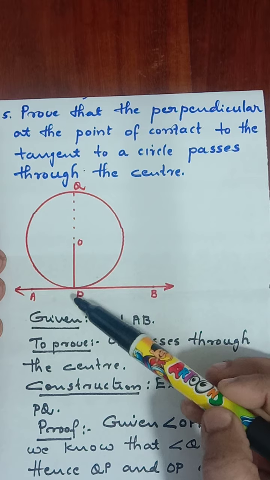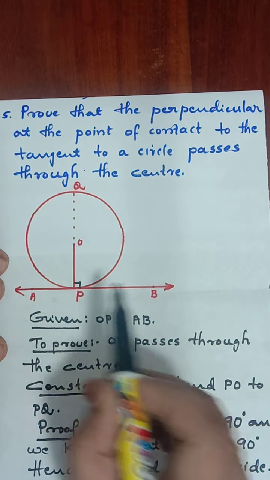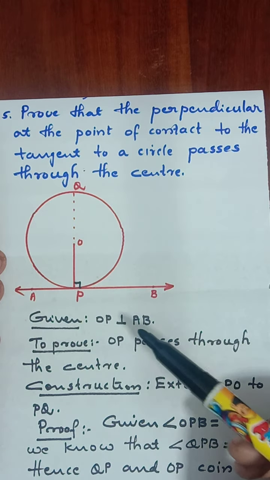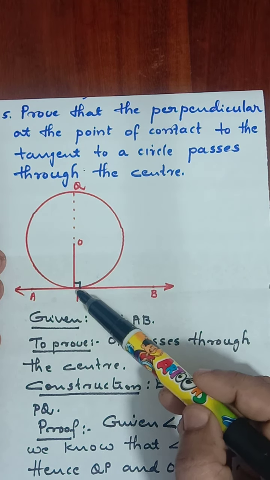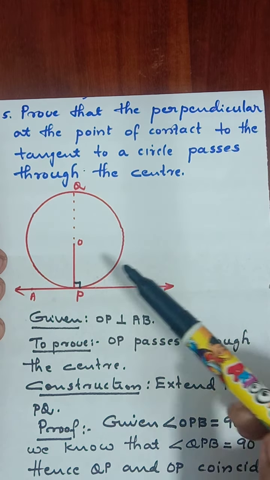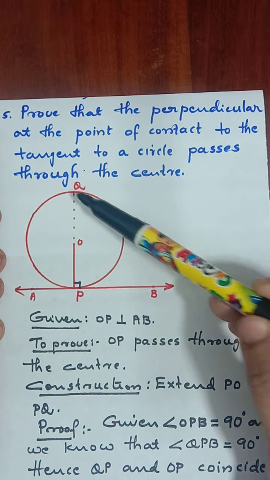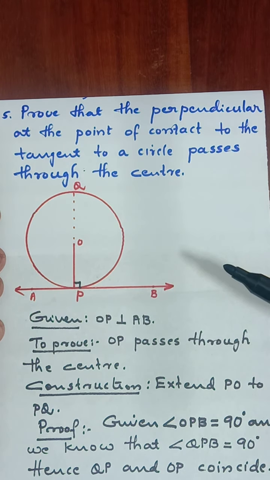Here we already know that angle OPB equals 90 degrees. This angle is 90 degrees. It's given to us: radius perpendicular to tangent. So OP is perpendicular to AB, given. That's why 90 degrees. Now since I have extended this, you can see that angle QPB is also 90.